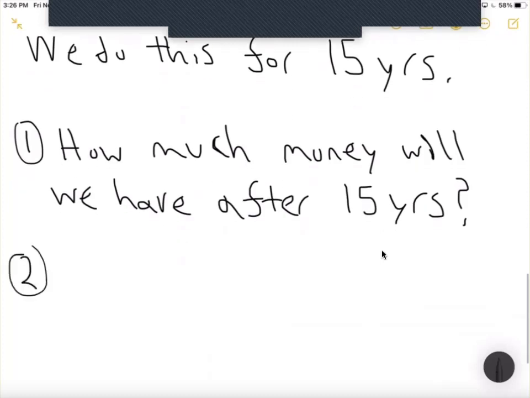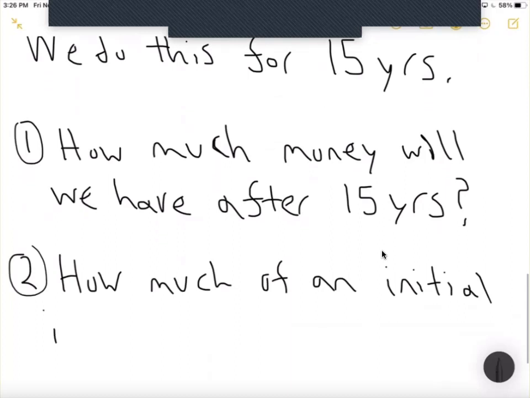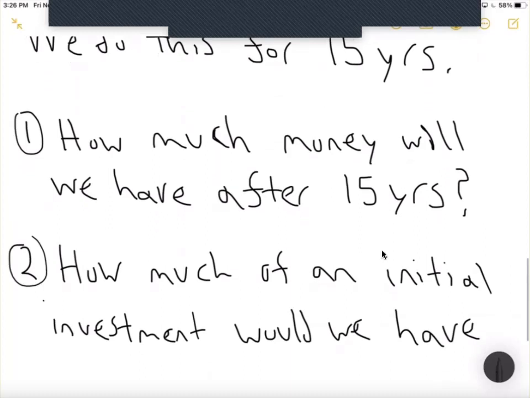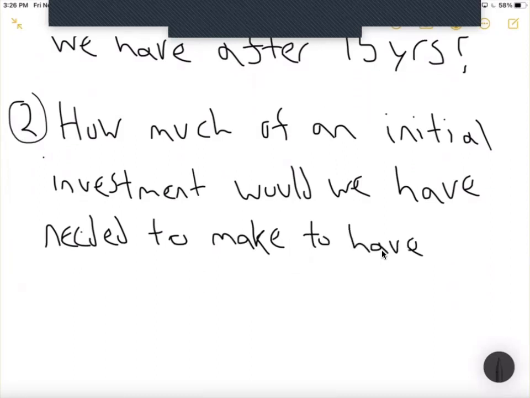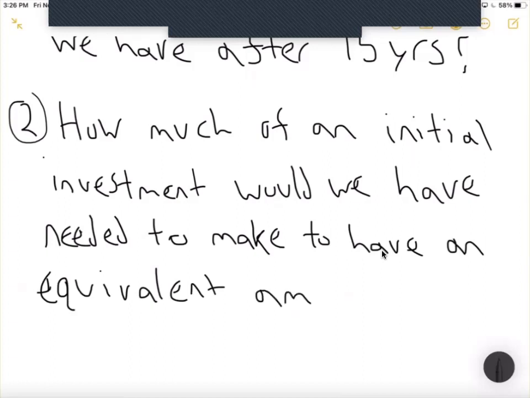And question 2, how much of an initial investment would we have needed to make to have an equivalent amount of money?